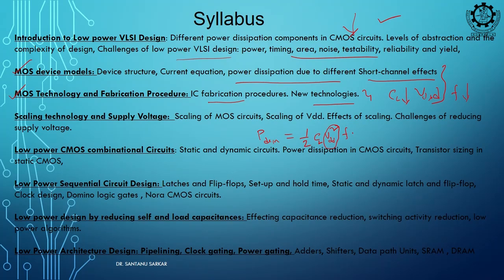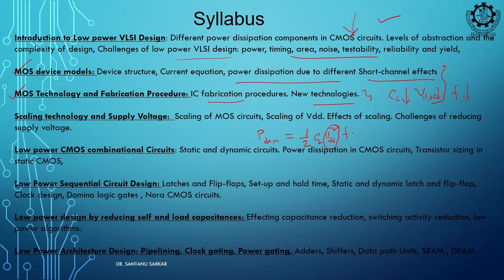If you want more frequency, suppose you want to run at 2 gigahertz, you will have to burn more power. Now, if your requirement is not that fast, you can scale down the clock to say 500 megahertz and still do the job, satisfying the requirement, then you can save power. So, these are trade-offs.